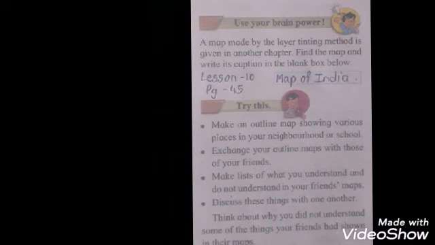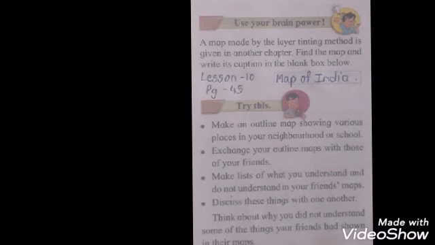Can you guess on which page it is present? Take out lesson number 10 and find the map by layer tinting method. Yes, it's true. Page number 45, map of India. In this map, you can find the layer tinting method.